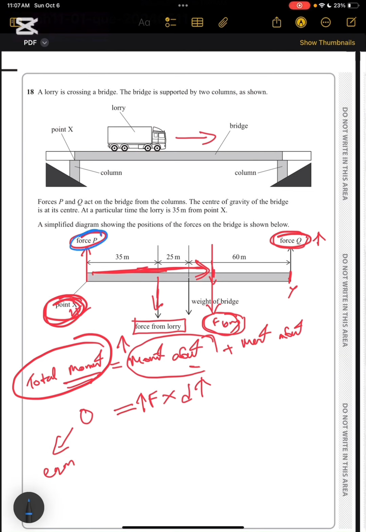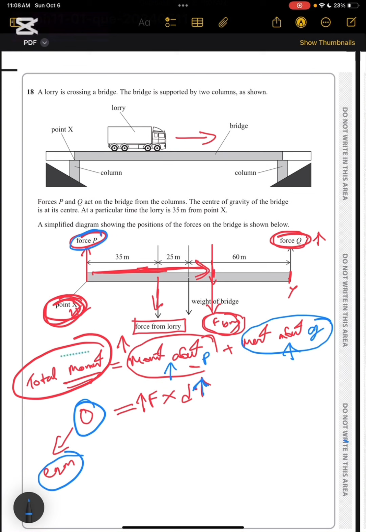This was our point P, moment about P, moment about Q. As the moment about P has increased because of the distance increasing, the moment about Q must also increase so that the total moment is equal to 0.